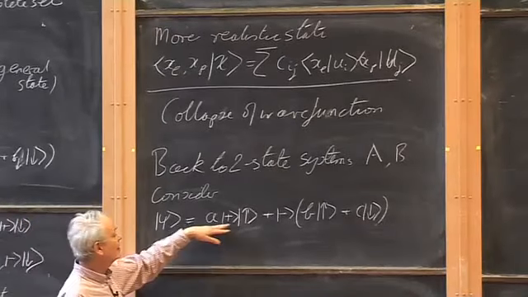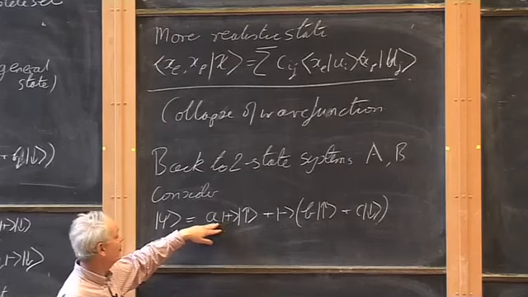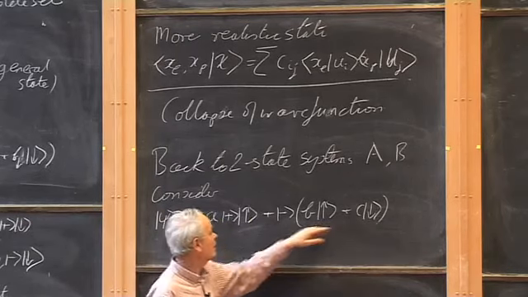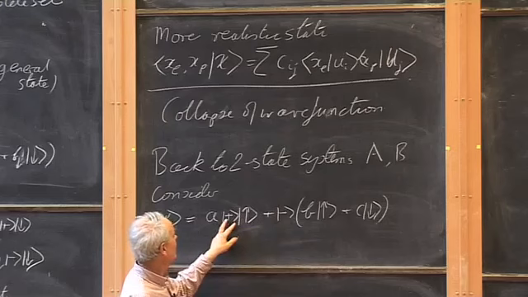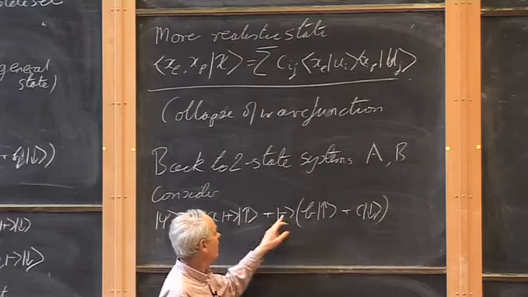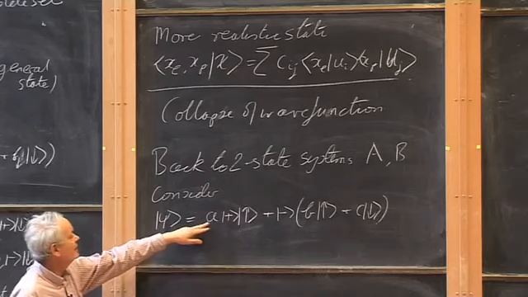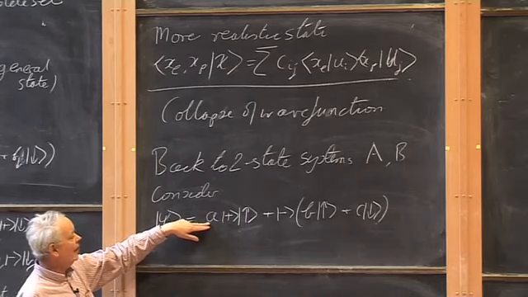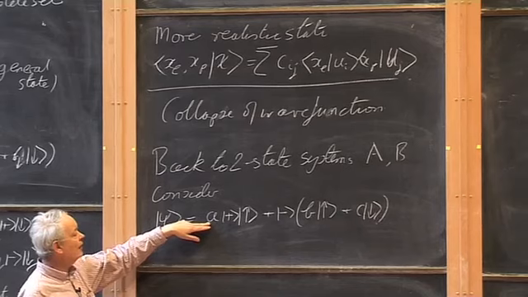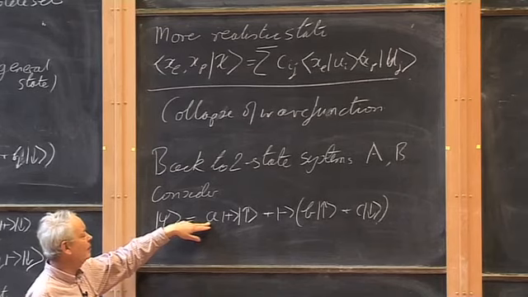It is a well-defined state of the system because it's a sum of 3 of the 4 basis states that we were discussing, right? It's a sum of plus up, minus up, and minus down. This is the amplitude that if you would measure A and you would measure B, you'd find that A was plus and B was up.